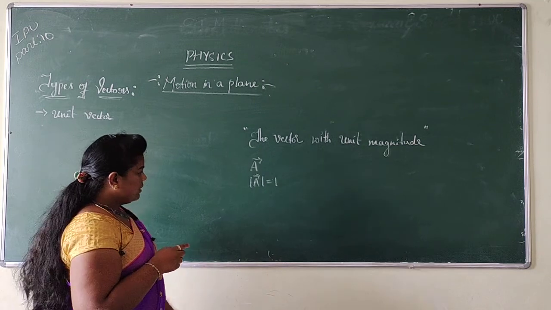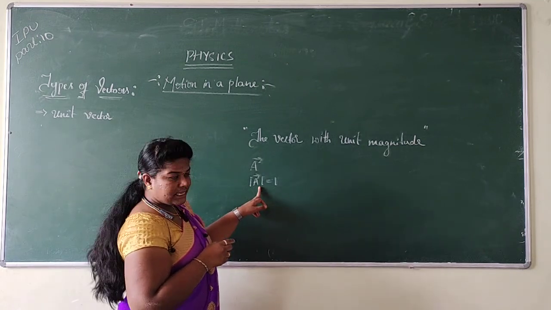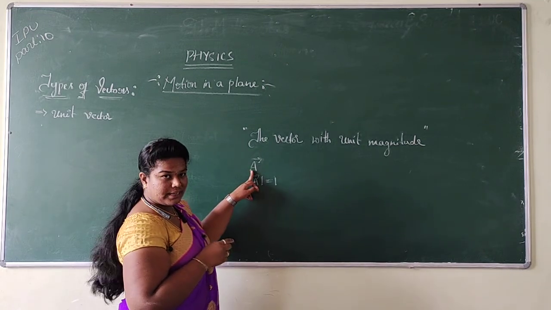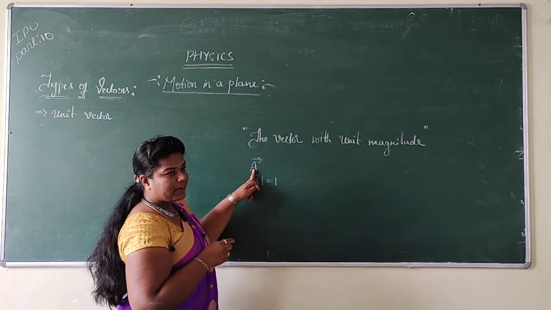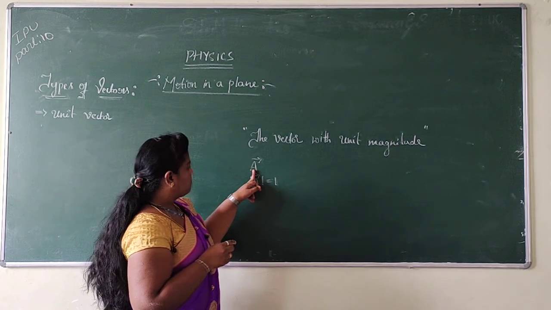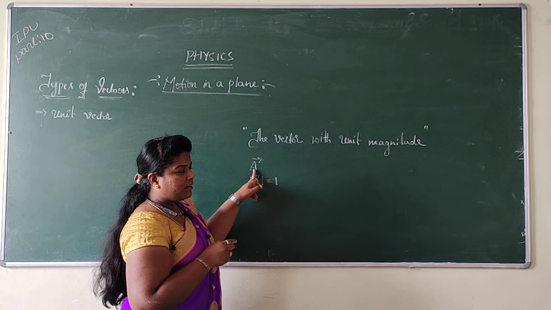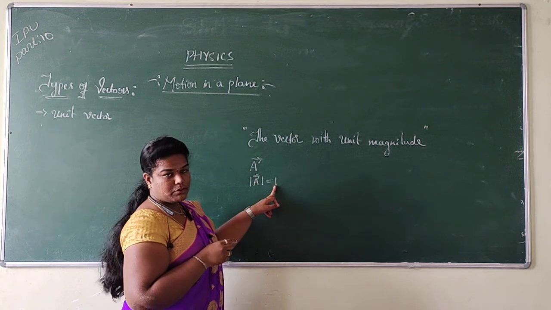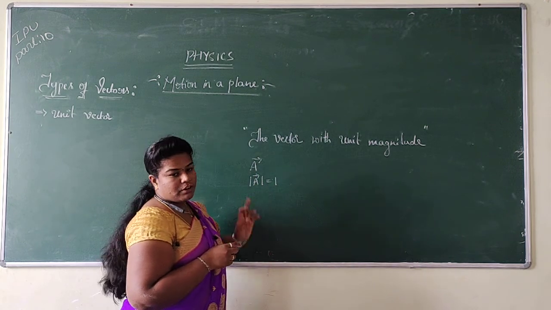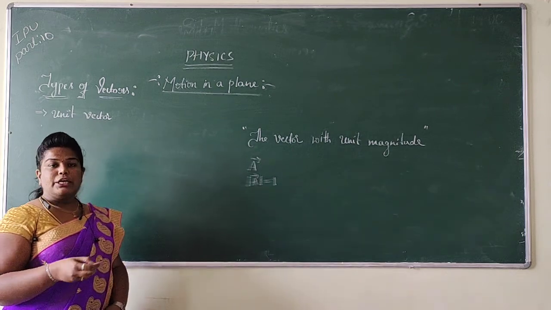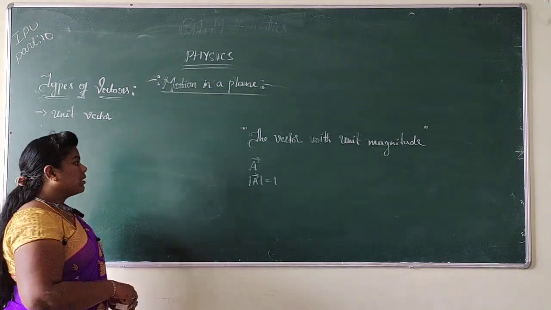See, magnitude is represented in this way. We have a vector by the name A, but this vector has a magnitude equal to 1. So that kind of vector is said to be the unit vector.